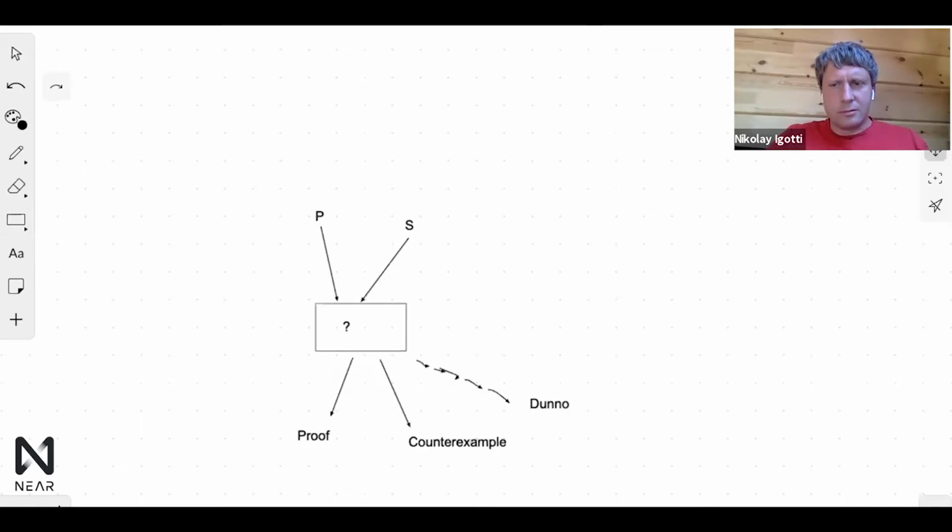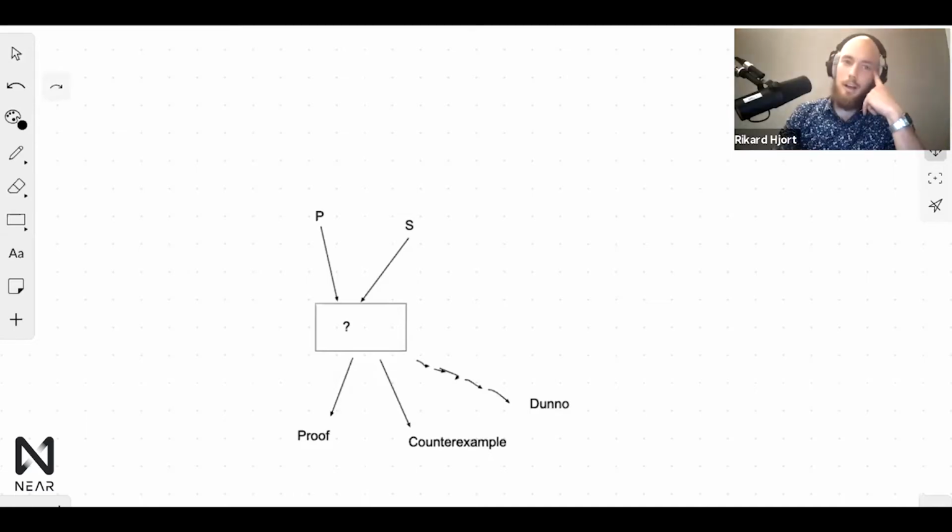For example, if it's a token contract, it could be the number of tokens is constant, or no one can have negative balance. And then you give the program, the contract as input, and you ask a system to prove that this is true or come up with a counterexample. And you often end up in this kind of don't know phase. So this box here often requires some manual intervention. And that's what formal verification engineers spend a lot of their time on.